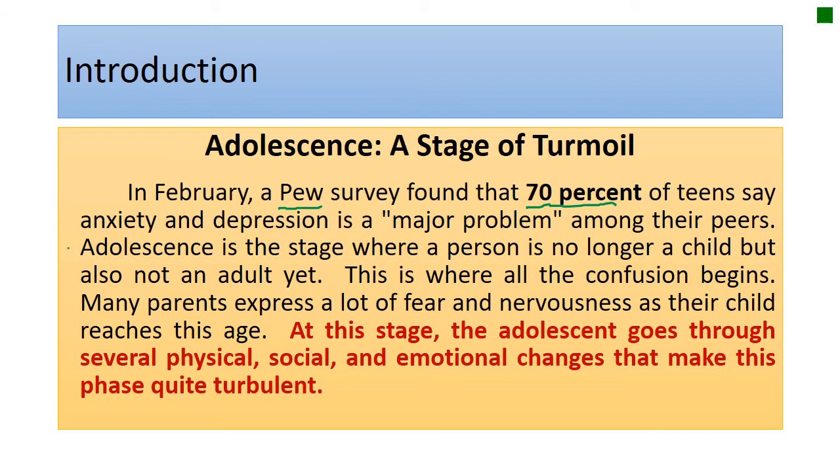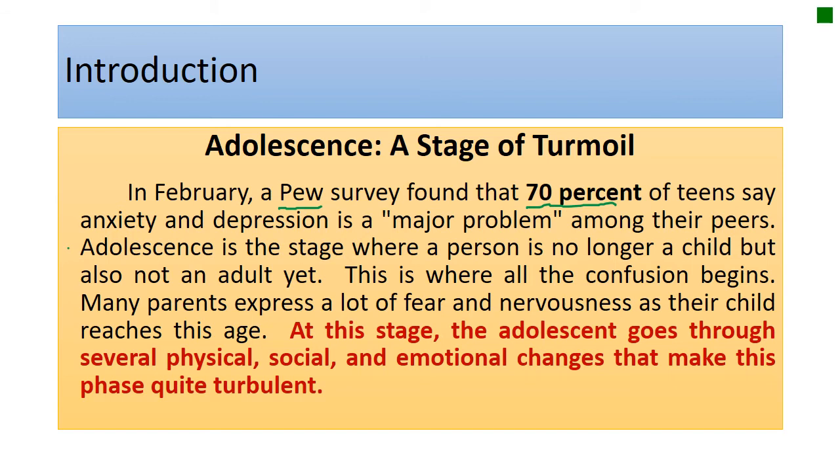Now my background information. Adolescence is the stage where a person is no longer a child but also not yet an adult. I'm giving background information. A good way to give background information is to define your topic. I defined adolescence. This is where all the confusion begins. Many parents express a lot of fear and nervousness as their child reaches this age.